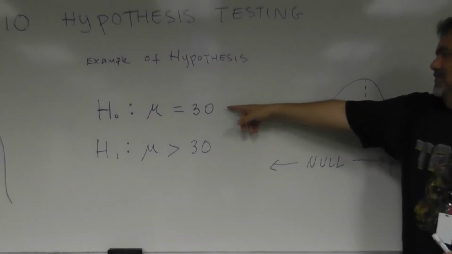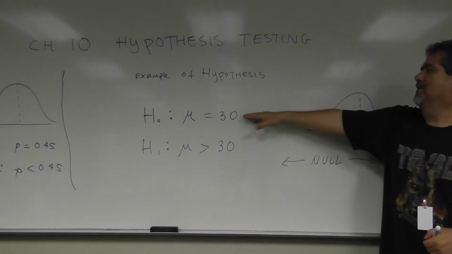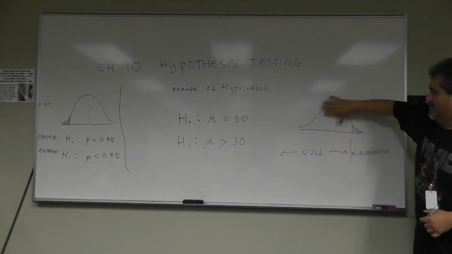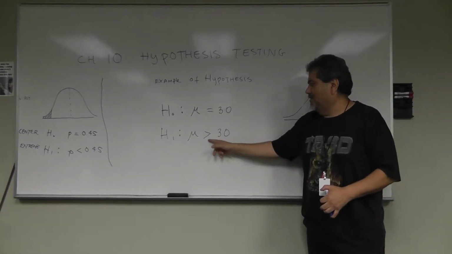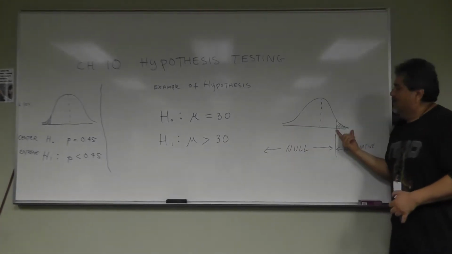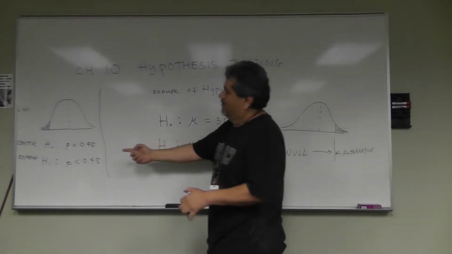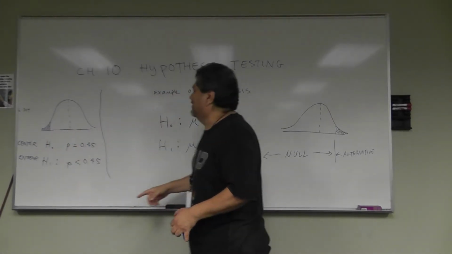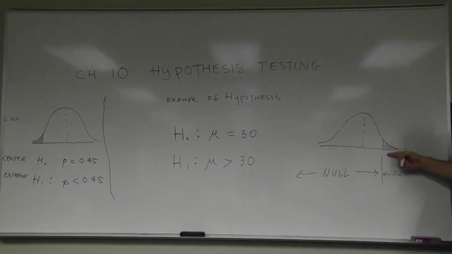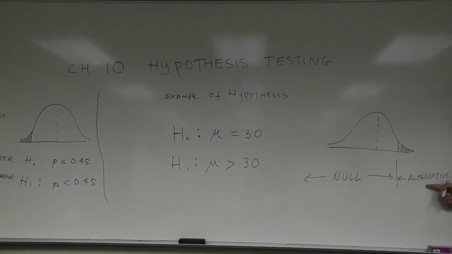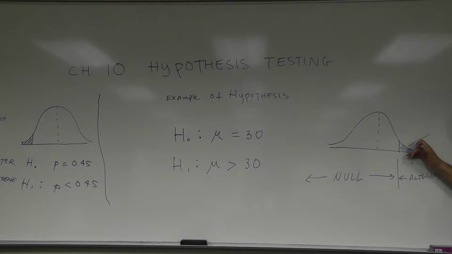The null hypothesis will be equal, and that means that you are in the center of the distribution. The alternative will be either on the far right, like this one, or on the far left, like this one right here. And notice this one, which is the alternative area, is determined by this area.